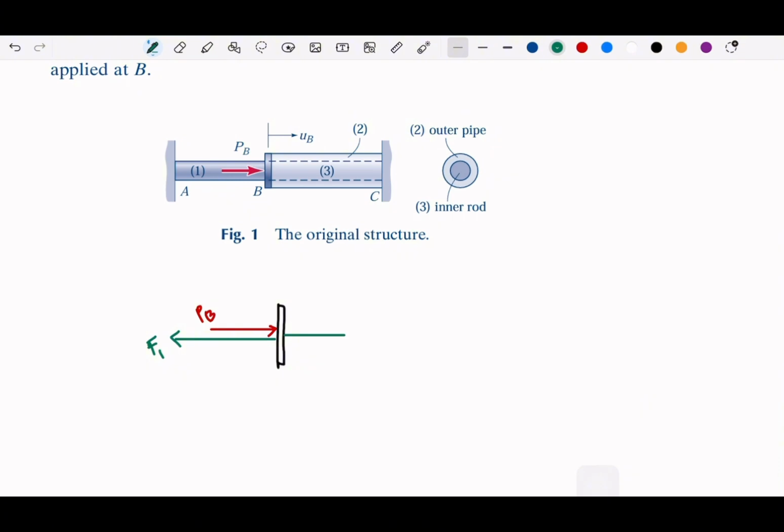We could have choices, we could make it right or left, but let me take this as going to the right. And then we have the other part, which is in equilibrium with F1.